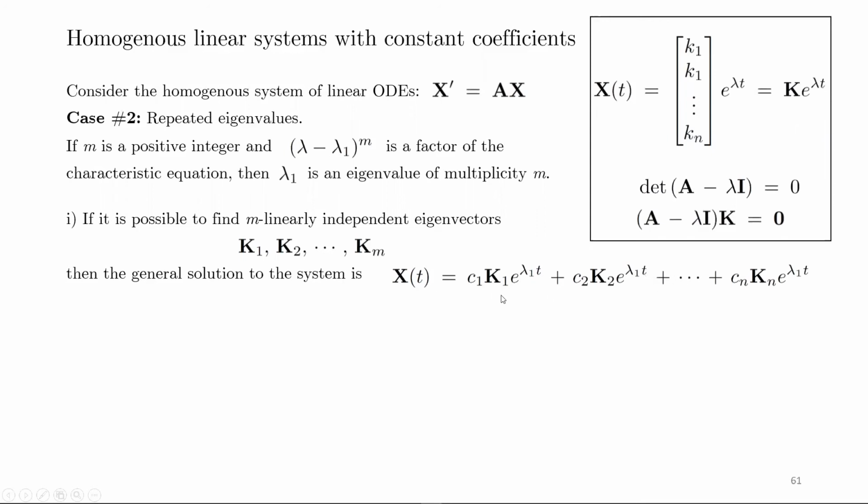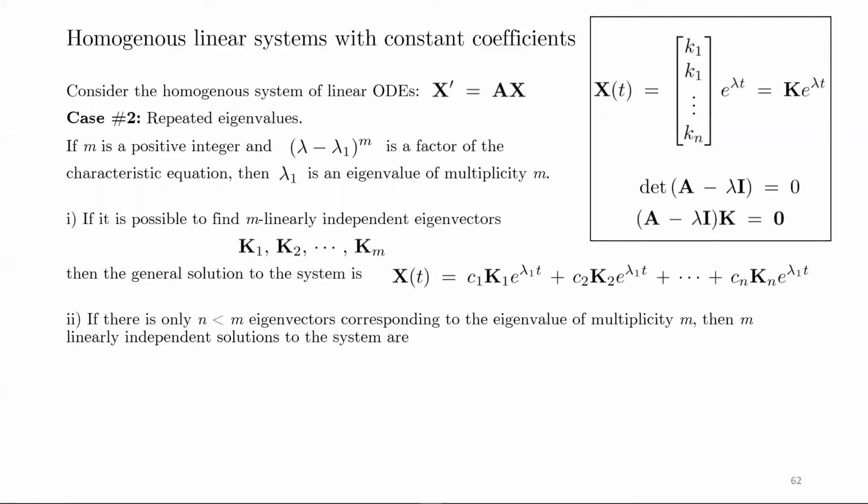So we have C1 times the first eigenvector times e to the lambda 1 t, lambda 1 being the eigenvalue, plus C2 times the second eigenvector times e to the lambda 1 t, and so on. The only difference from case 1 is that lambda 1 is repeated m times. So if we can find m linearly independent eigenvectors, the solution is fairly straightforward.